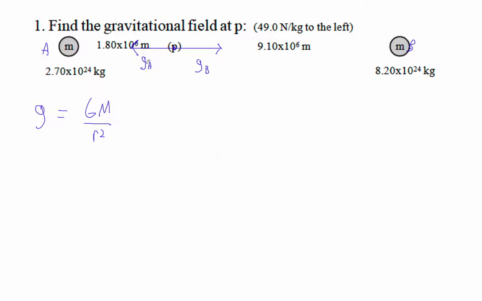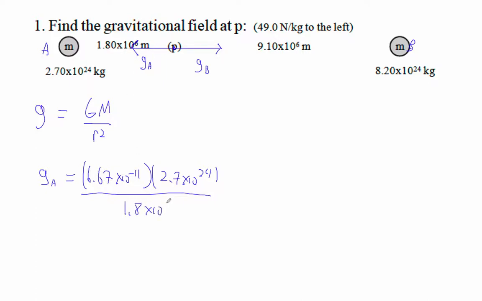The gravitational field due to A at P, GA, is going to be: G is 6.67 times 10 to the minus 11th, and then mass A is 2.7 times 10 to the 24th, and then our distance to there is 1.8 times 10 to the 6th. And don't forget to square this thing because it's a field, right?